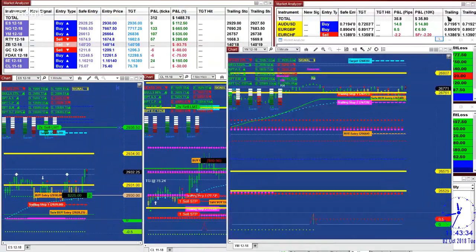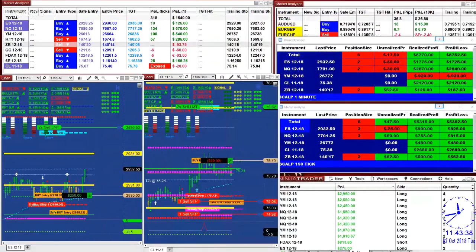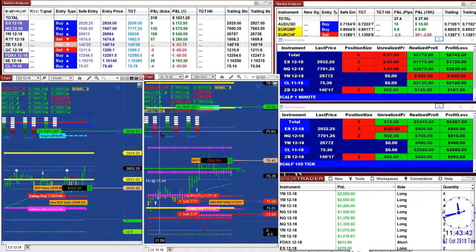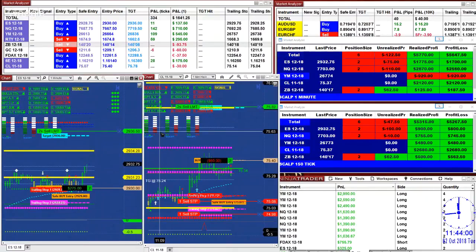So we are sitting on idle with NASDAQ and YM, and the only thing we have is the ES starting to kick in. That's fair enough. After one hour waiting on that entry signal, it finally gave in. Fair enough.